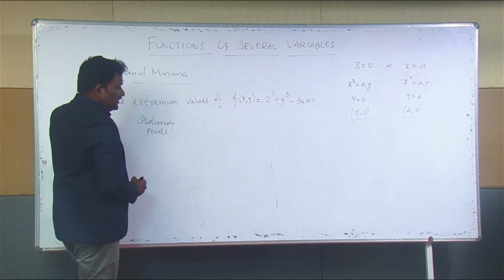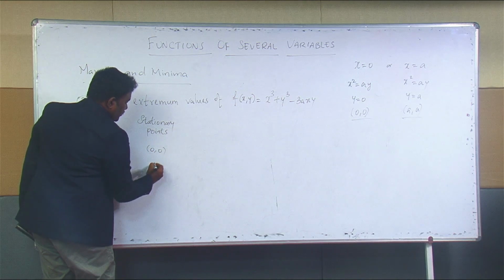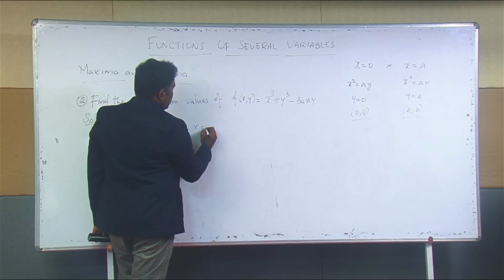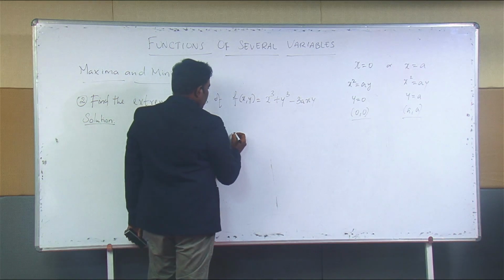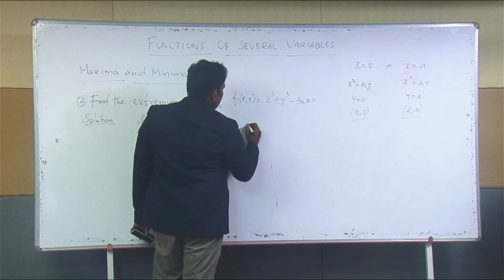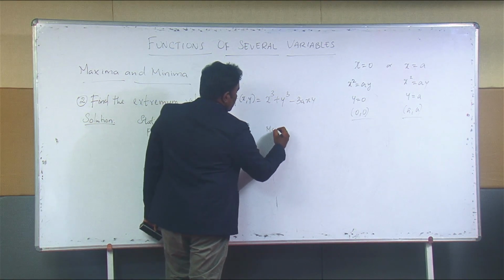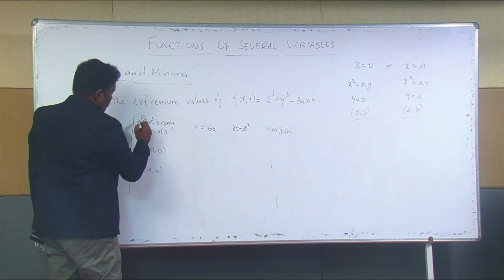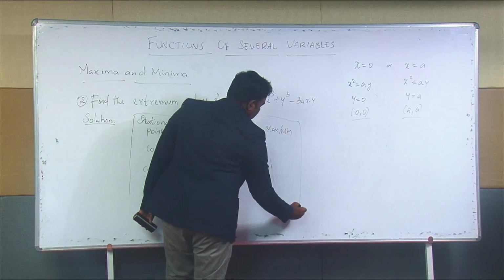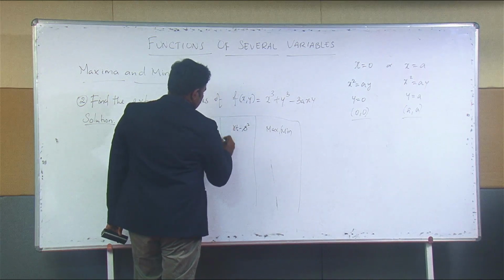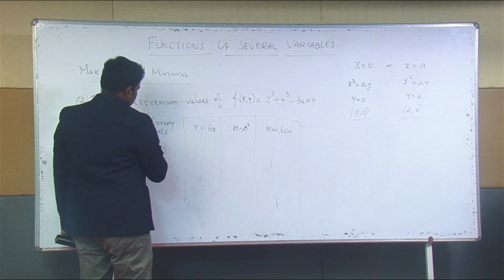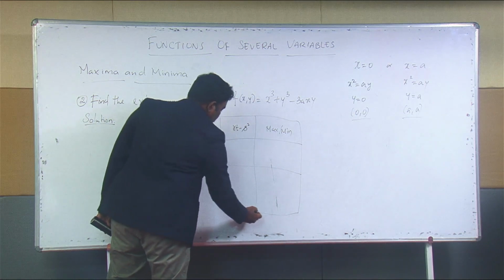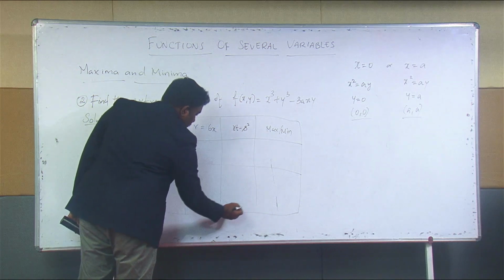So we write the stationary points, that is (0, 0) and then (a, a), and this r value, which is 6x, and we write rt − s², then whether it is maximum or minimum. Yes.